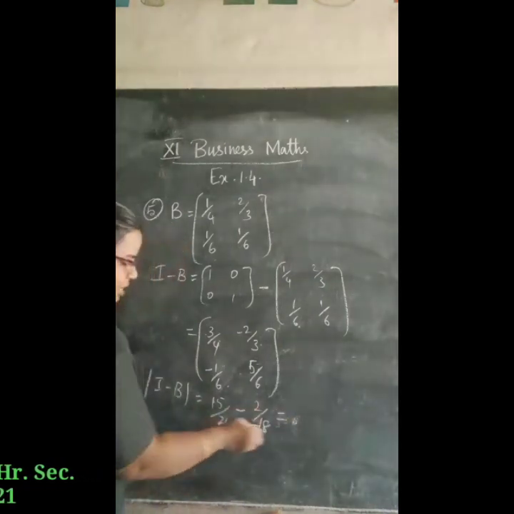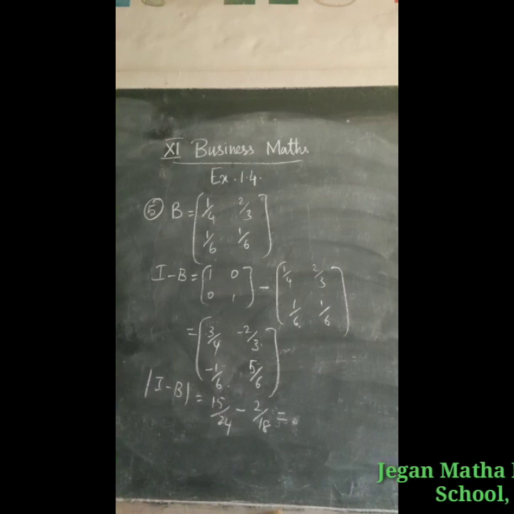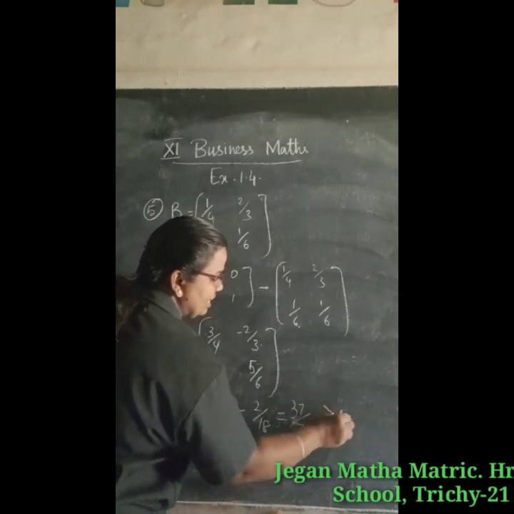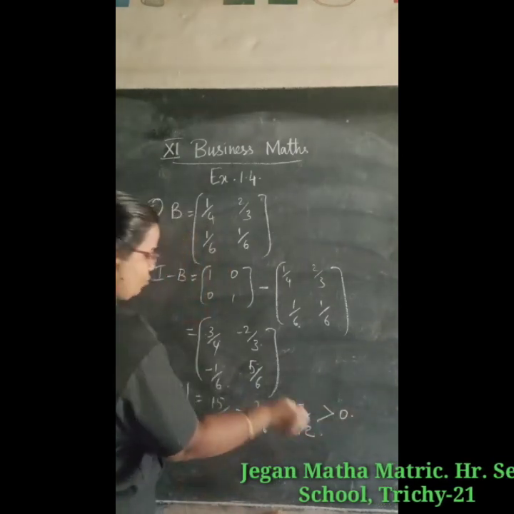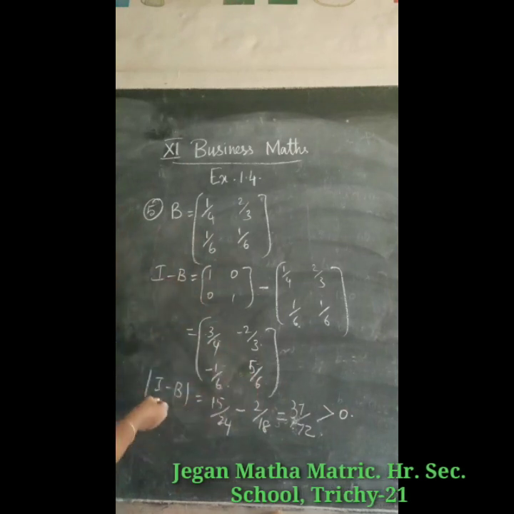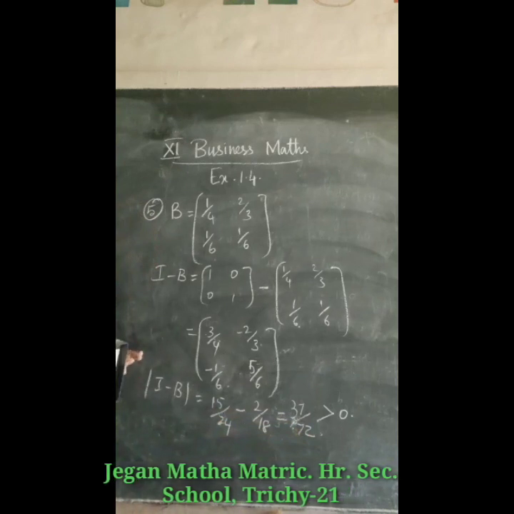Now we subtract these two and take the LCM for the denominator. 72 is the LCM, so the answer is 37 by 72, which is greater than 0. This is also positive. So the leading diagonal of I minus B is positive and the determinant of I minus B is also positive. So the system is viable.